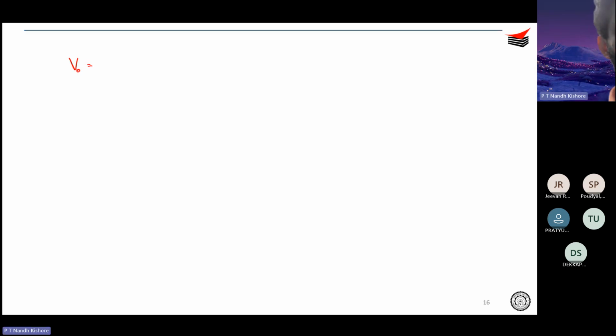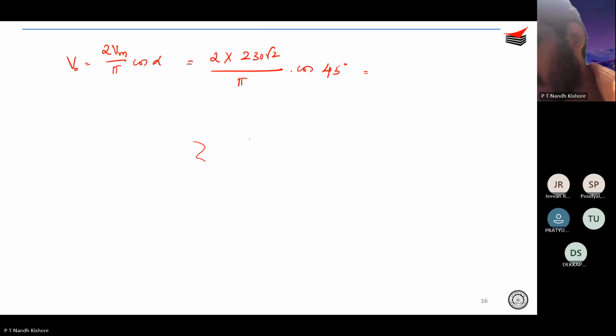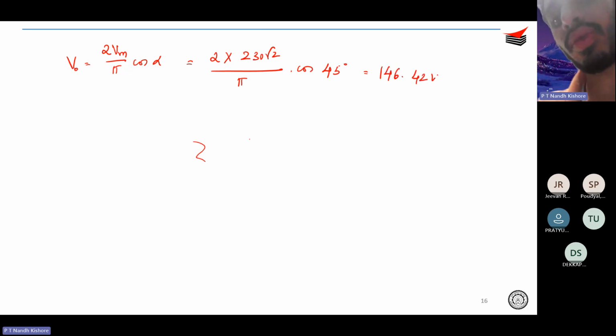So what is V naught? V naught is 2 Vm over pi cos alpha, because this is a single phase. So this is 230 root 2 divided by pi times cos 45 degrees, which turns out to be 146.42 volts.